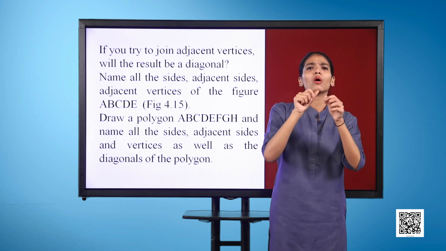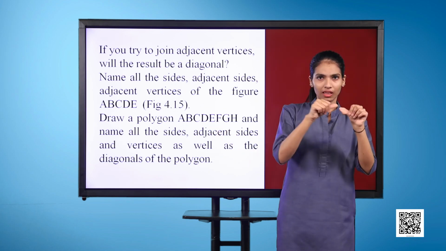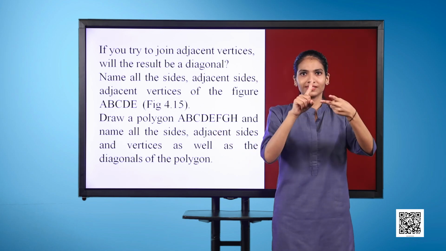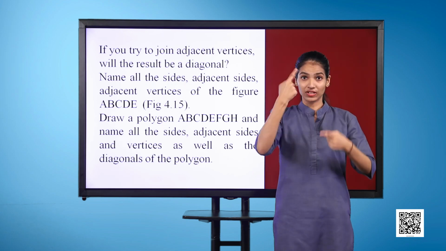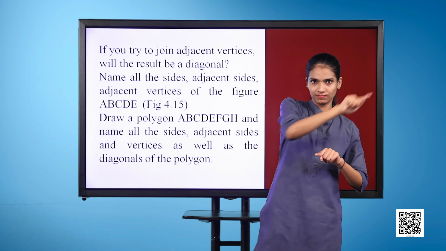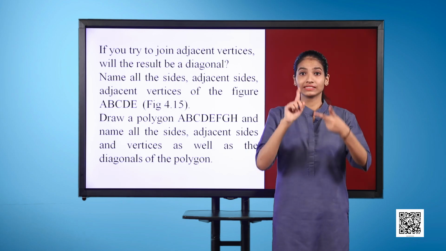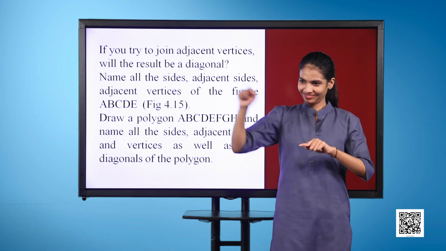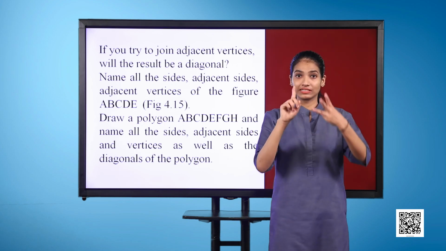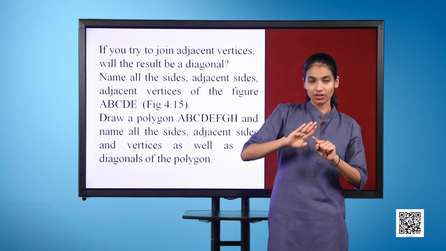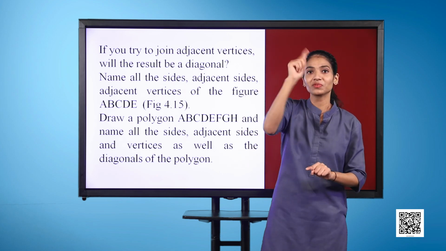Draw a polygon ABCDEFGH and name all the sides, adjacent sides, and vertices, as well as the diagonals of the polygon.